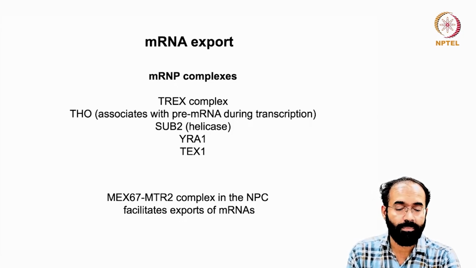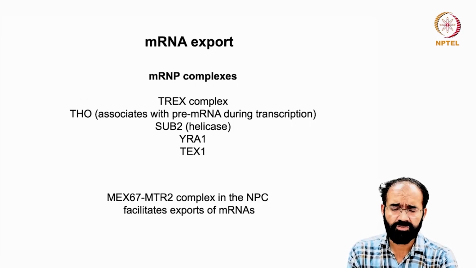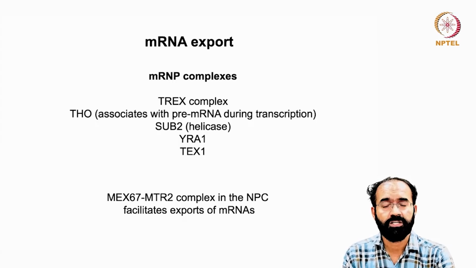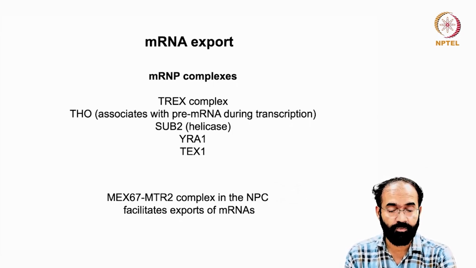And another complex in the nuclear pore complex, MEX67 and MTR2, is important in the movement of the cargo that facilitates the export of mRNAs. So mRNA export from the nucleus to the cytoplasm is a complex process, and it involves TREX, THO, Sub2, YRA1, TEX1, and also the MEX67, MTR2 complex in the NPC. So these are associated with the RNA and these are present in the nuclear pore complex.